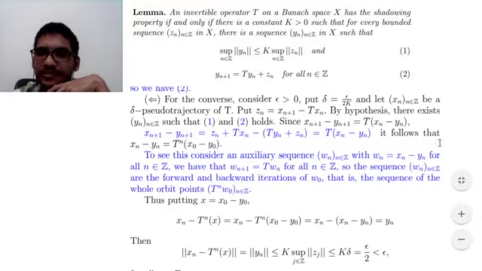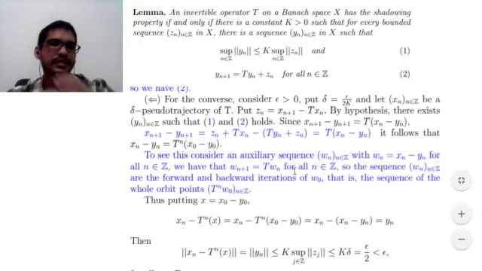Then from this it follows this, and why? To see this, consider an auxiliary sequence w_n with w_n equal to x_n minus y_n for all n in Z. Because of this, you will have that w_{n+1} is equal to T of w_n.